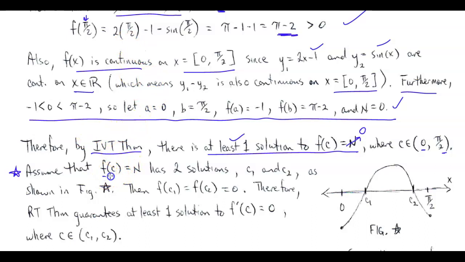So if I want to say that I have two values of c that I can plug into this function that will ultimately end up equaling 0, and I know that both of these values of c have to be in between these two numbers here, then what's going to have to happen is a situation kind of like what I've drawn here in figure star, okay? Now, notice that I'm giving you one variation of a theme of what this could be. I could also have a situation like this as well, okay?